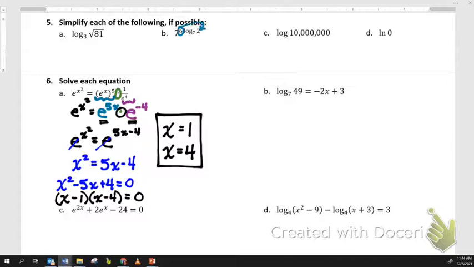I would bring this 6 over as an exponent. 7 to the power of log base 7 of 2 to the 6th. What did you say? When my exponential base and my logarithmic base match, they cancel each other out. So I'm going to have 2 to the 6th power, which would be 64.